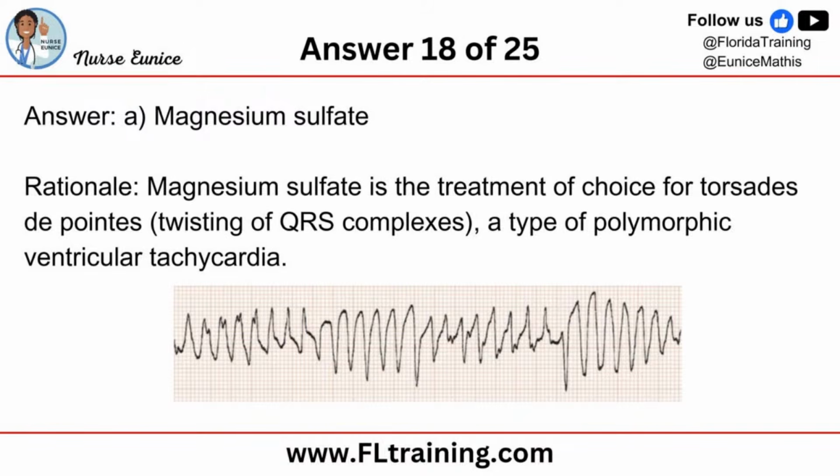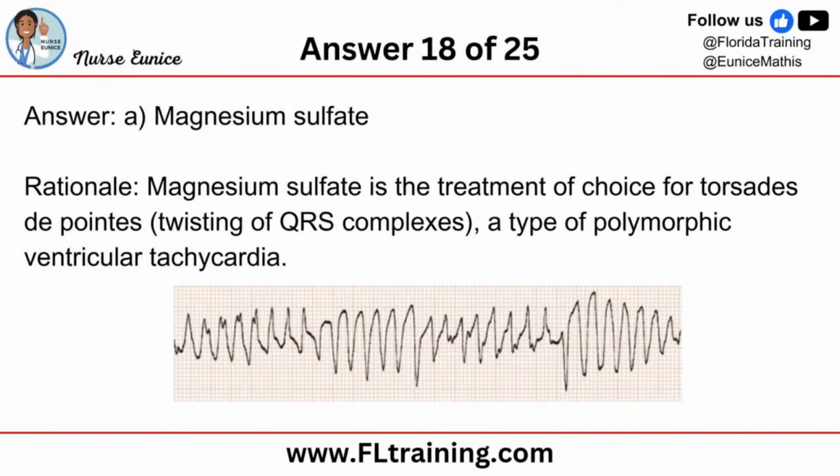So if you ever see twisting of the QRS complexes, so they're not all originating from the same site within the heart, it's twisting, it looks confused. That is usually because the person has a low magnesium level.